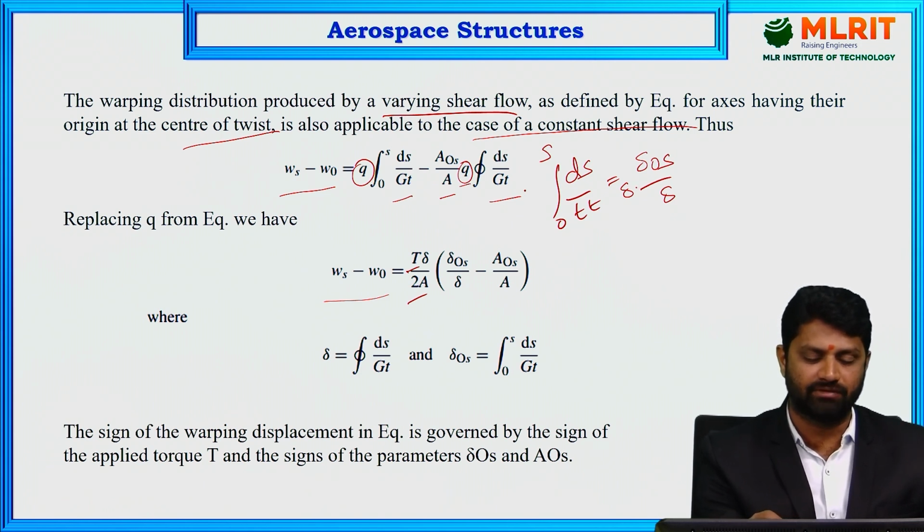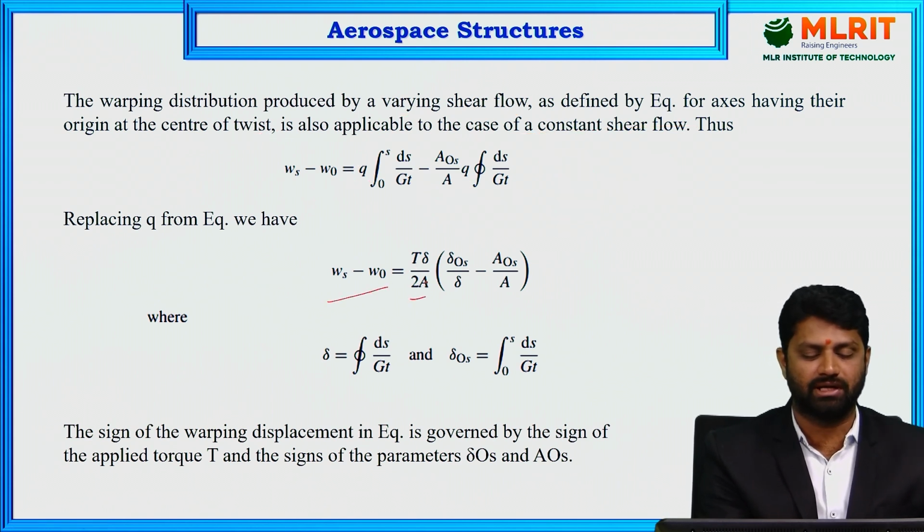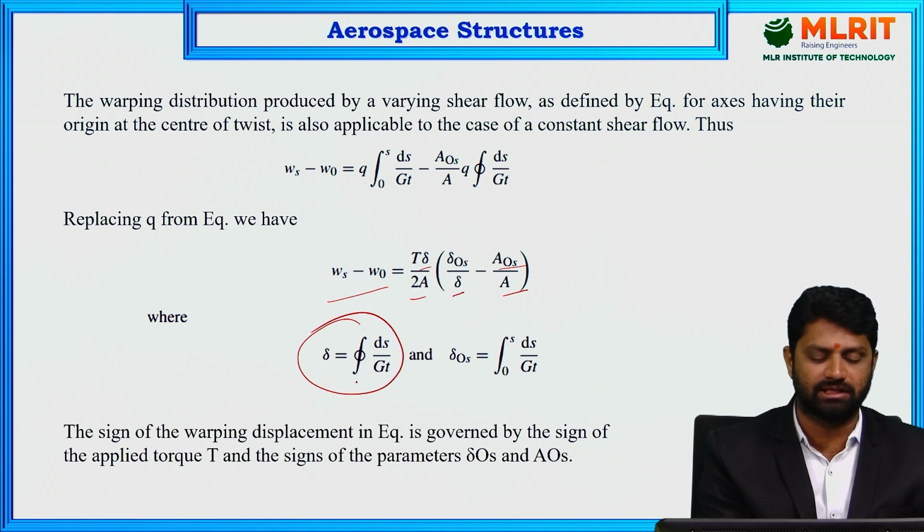Taking common, we get Ws minus W naught equals T by 2A delta into delta OS by delta, minus A naught S divided by A, where the symbol delta equals the cyclic integral of ds by gt, and delta OS is the integral 0 to S ds by gt.